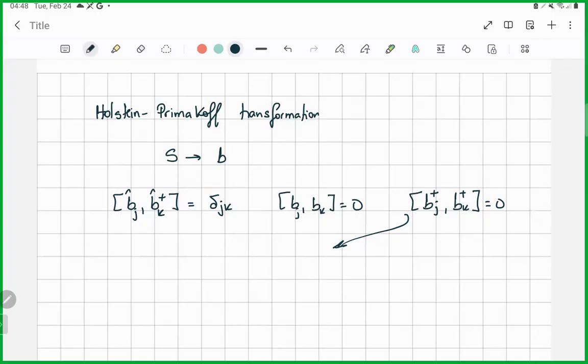And very important, you see that B† squared has no reason to vanish, as happened in the cases that we studied before for fermions. It does not. What this commutator is telling us is simply that this is true, which means that we can have as many bosons as we want on each site.